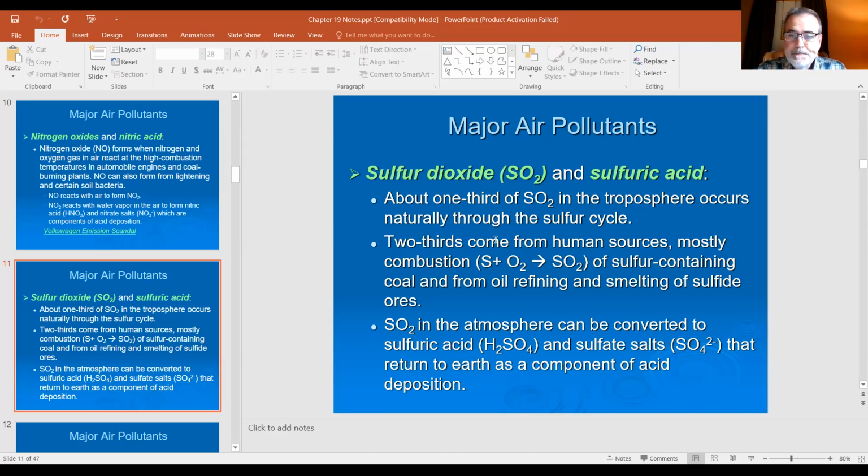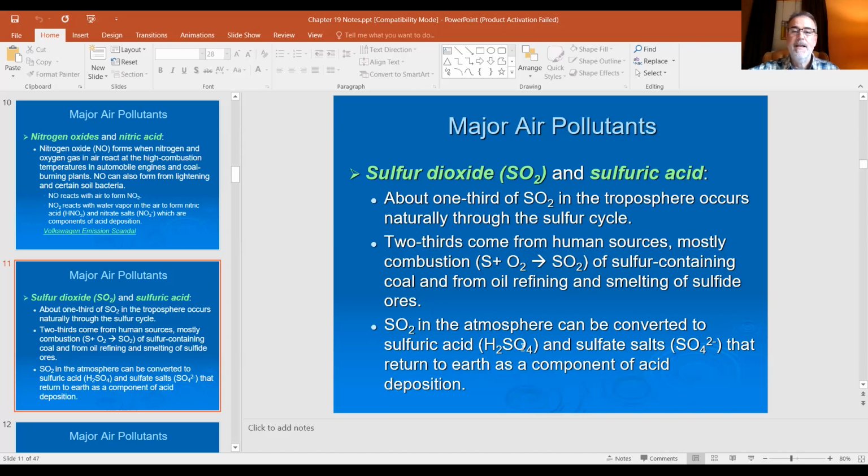So remember, there's the reaction right there. The sulfur that was in the coal, when you burn it, reacts with the oxygen in the atmosphere to make sulfur dioxide. That's the primary pollutant. Then that sulfur dioxide goes into the air and reacts with the water in the atmosphere, and it is converted into sulfuric acid.